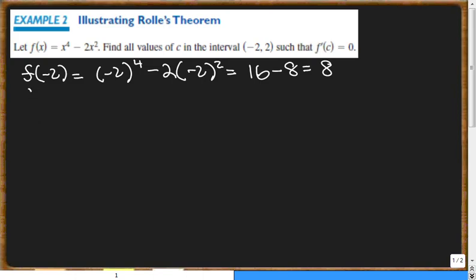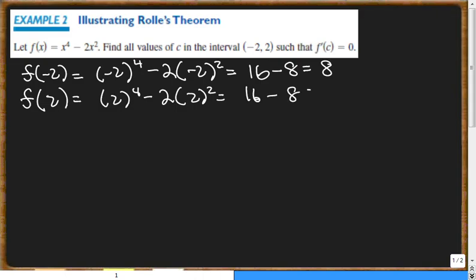And then f of 2 would be 2 to the fourth minus 2 times 2 squared, which would equal 16 minus 8, which equals 8. So these two numbers match, which is what my f of a and f of b thing was trying to say. So this is a and this is b.